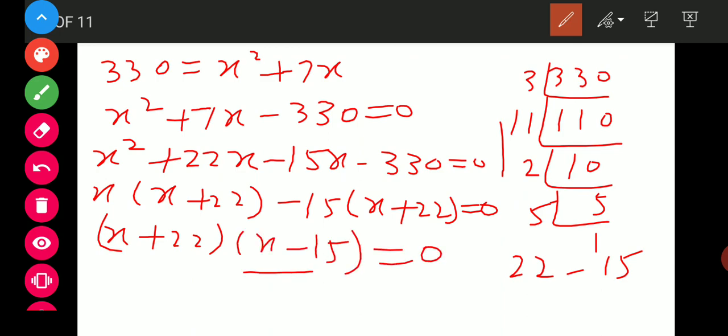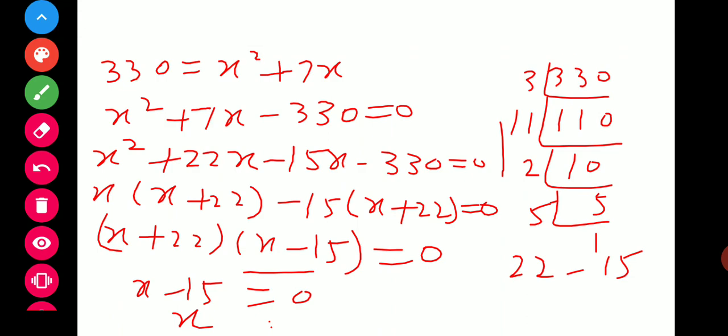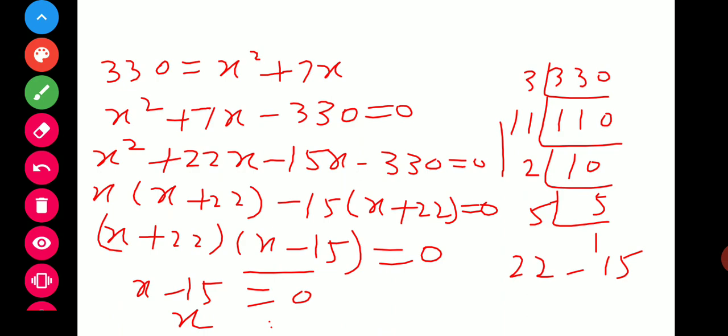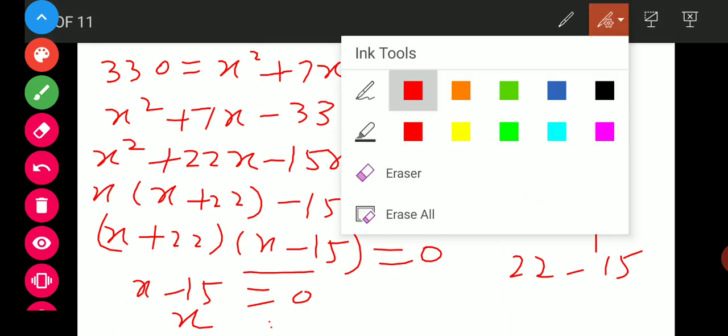Now taking this one, x minus 15 equal to 0, so x is equal to 15.